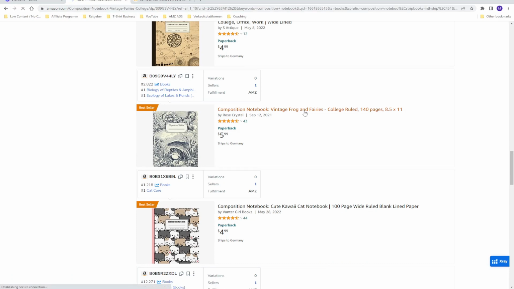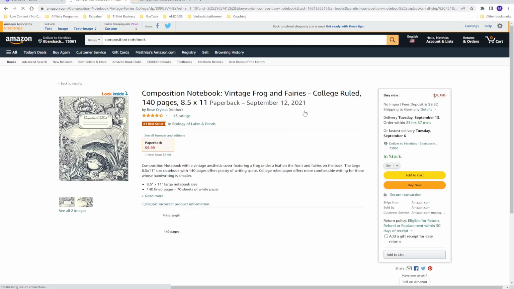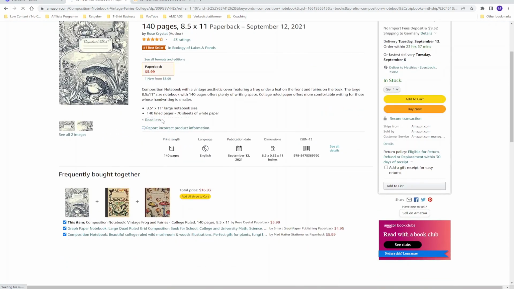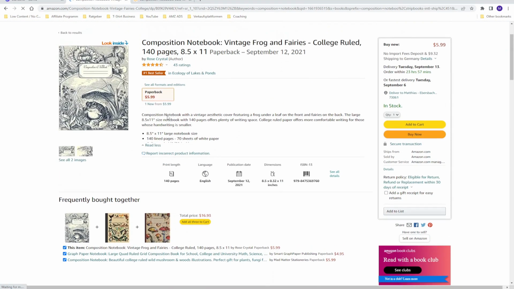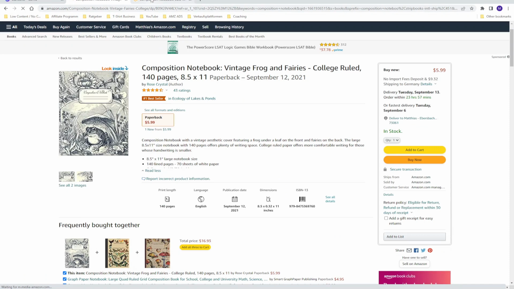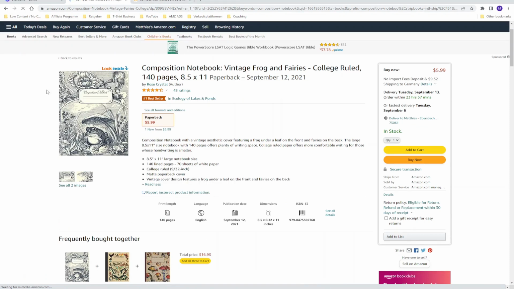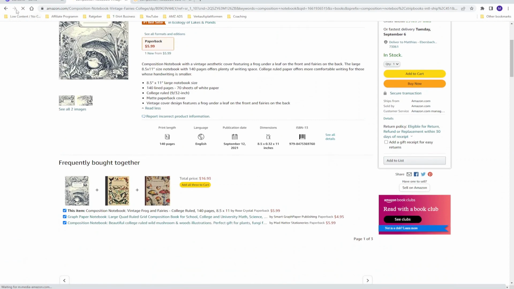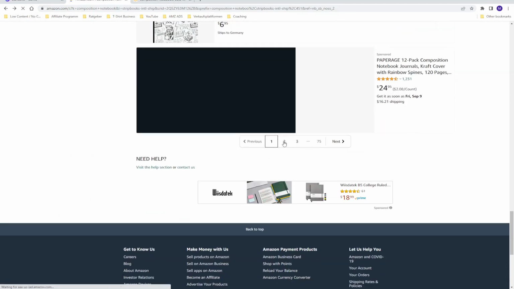The algorithm checks how high the click rate on your book is when a customer types in a specific keyword. If the customer types in a specific keyword, your book is appearing, but the customer is not clicking on it because the title and the cover is not good. Amazon sees it as a negative and puts your book further down the list.